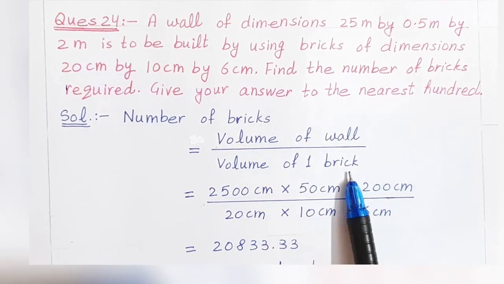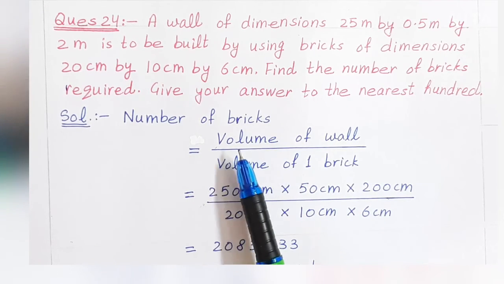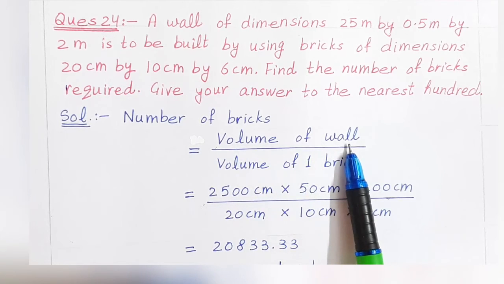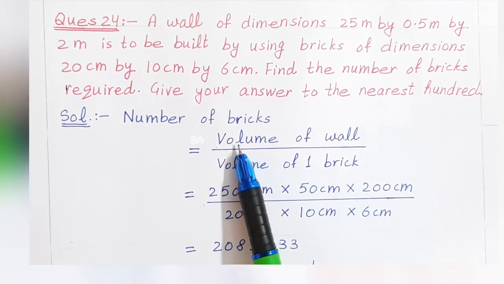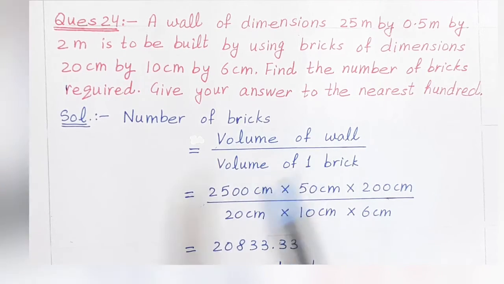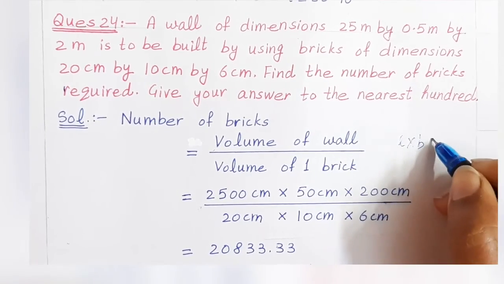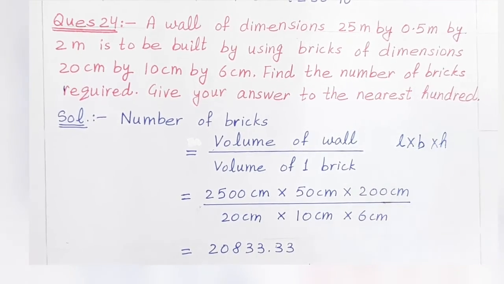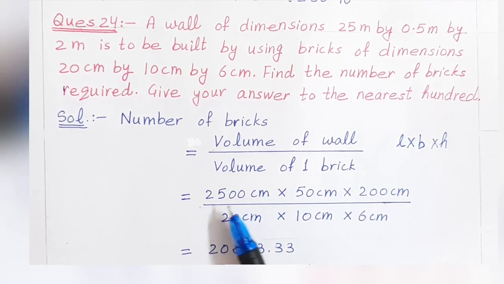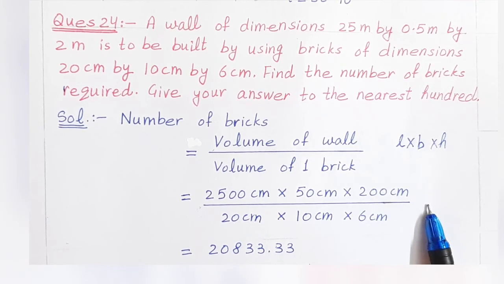Now see, it is very easy now. Number of bricks is equal to volume of wall upon volume of one brick. Now what is volume? Volume is L into B into H, that is length into breadth into height. So here it is 2500 into 50 into 200 centimeter.